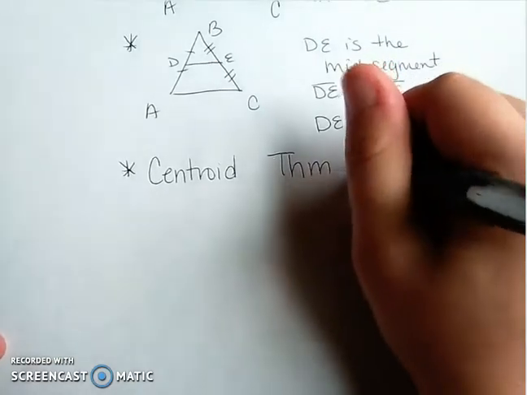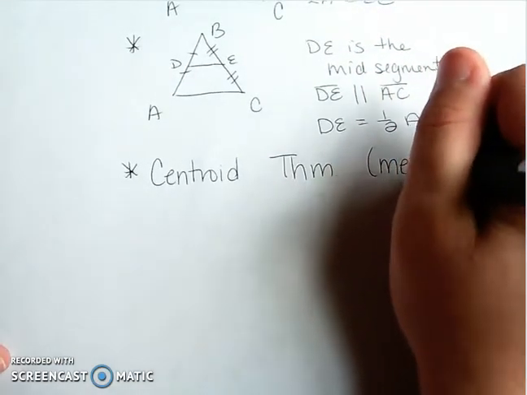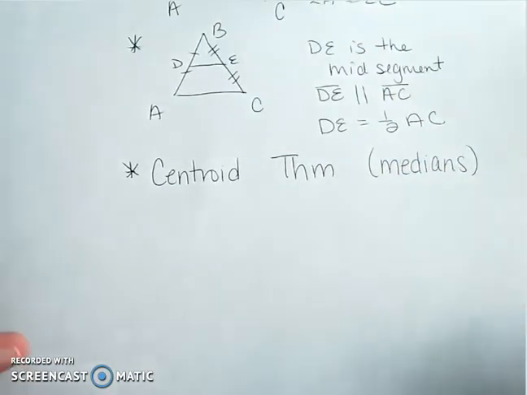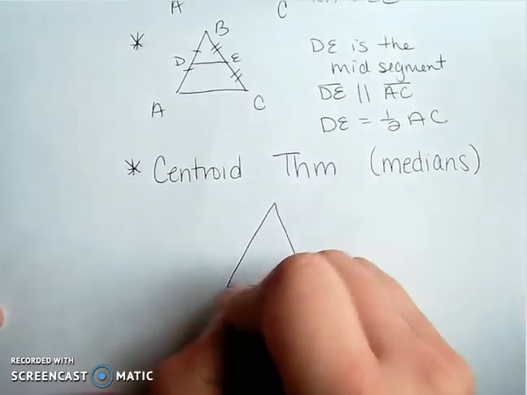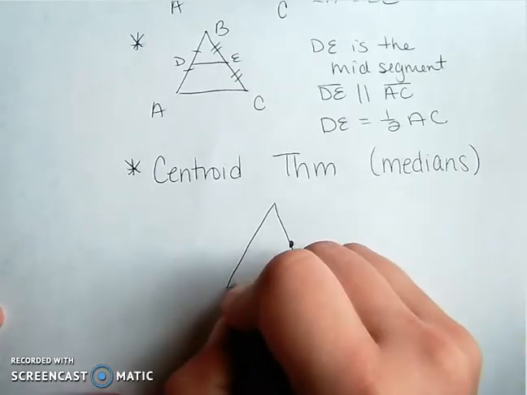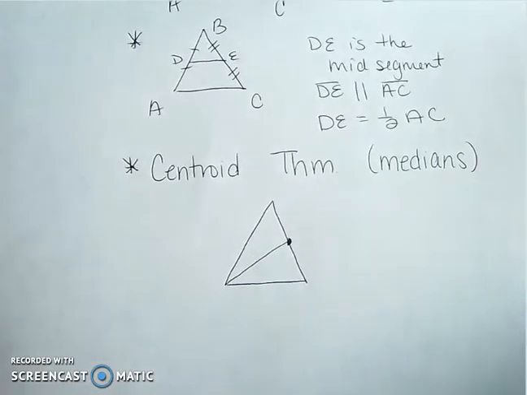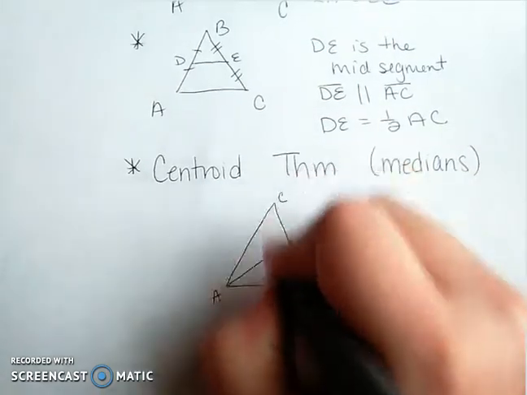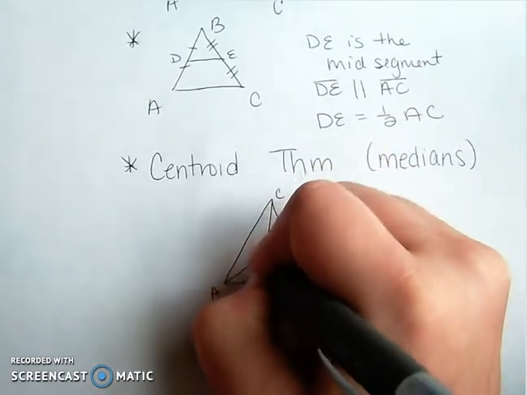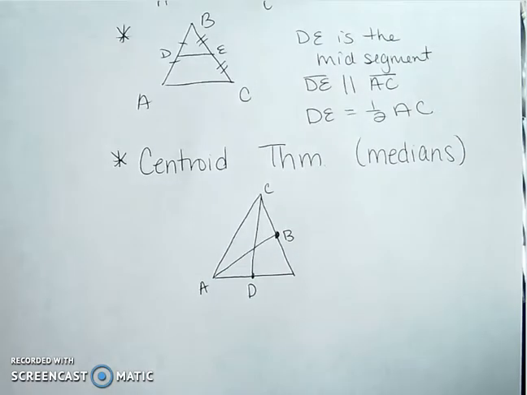And centroid theorem is all about your medians. And remember, medians are the segments in the middle. They come from a vertex and they go to the midpoint. It looks like this. So let that be A, B. And then we'll do another one. Call that CD.